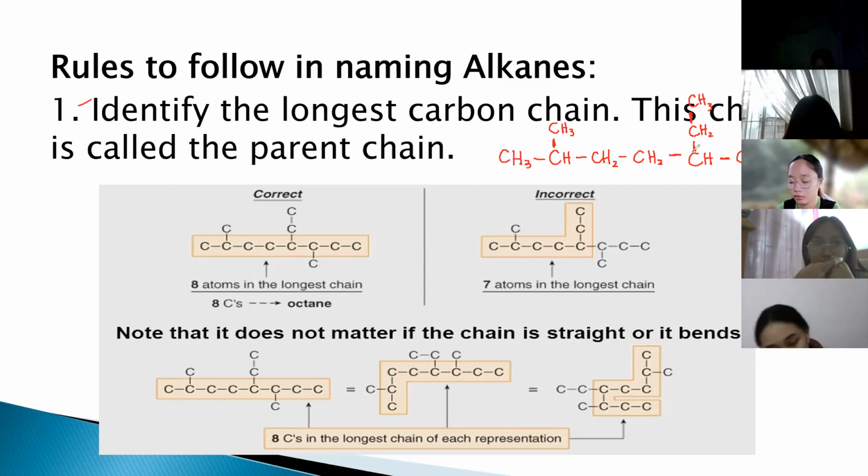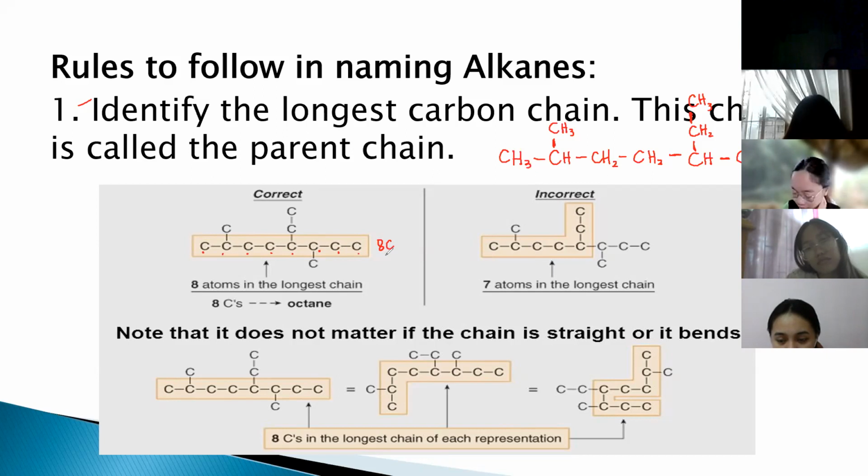Hindi ko muna papakialaman yung condensed formula dyan. Dito tayo magka-count. Ganito mag-count class. Longest carbon chain ha, hindi ka dapat maputol. Tuloy-tuloy, diretso-diretso na counting. So we have 1, 2, 3, 4, 5, 6, 7, 8. So if I go straight, I have 8 carbons.